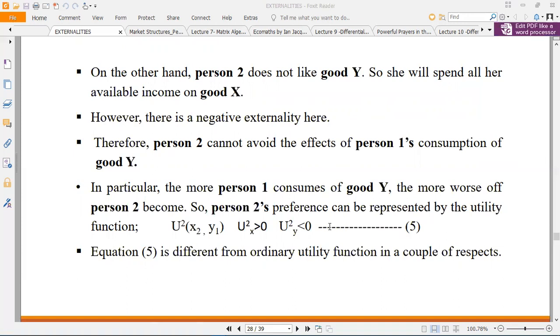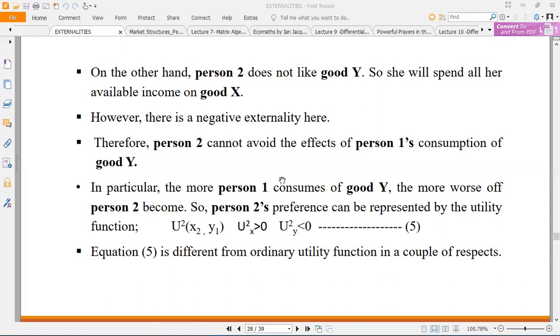Individual 1 sees cigarettes as an ordinary good, so consuming more will even make him better off. So he will try to consume more. But individual 2 doesn't want to consume any good Y. Because of the negative externality being generated by person 1, she definitely has to bear the effect of this consumption of good Y. So if individual 2 doesn't want to consume good Y, then as soon as she consumes some, it makes her worse off.